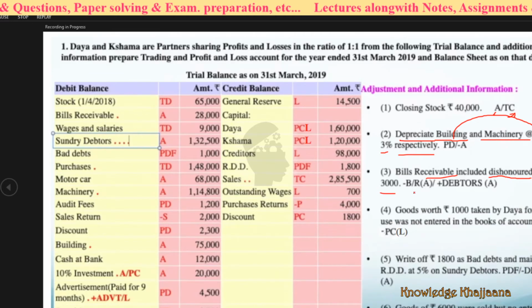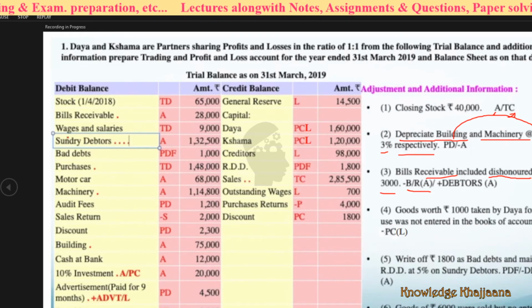So where will be the true recordings? That much of amount will get deducted from bills receivable in the asset side. One dot we will make over here, bills receivable asset side, and that much of amount will get added to the debtors.